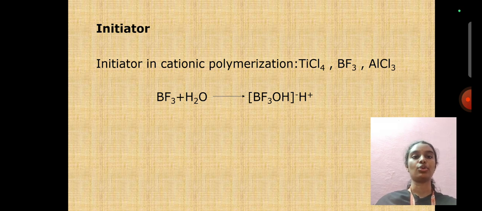When boron trifluoride reacts with water, it forms the boron trifluoride hydroxide ion and the H plus ion. Here the H plus ion is used as the main ion in the whole polymerization, because H plus is a cation. That is why it is named cationic polymerization.